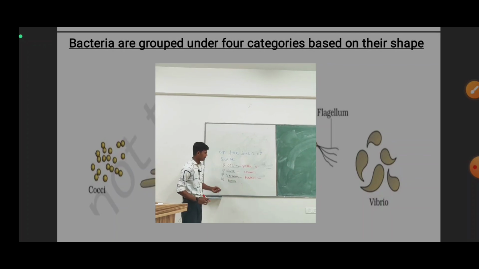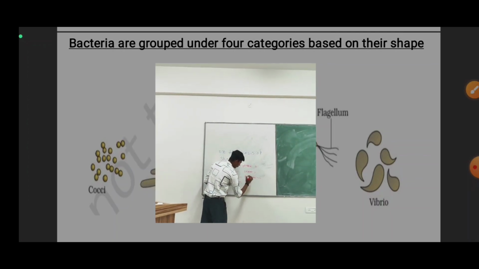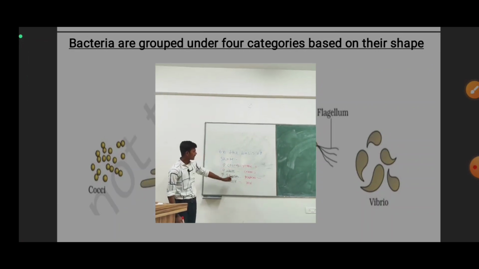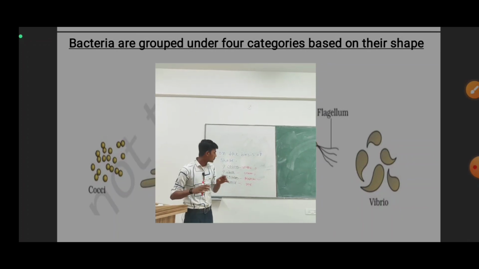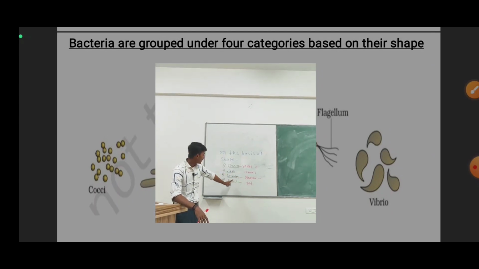Then we have bacilli. Bacilli is a rod shape. Okay, so on the basis of shape, bacteria are categorized into four groups. The first one is coccus, which is round. Second is vibrio, shaped like a comma. Then we have spirillum, shaped like a flagella. And then we have bacilli, shaped like a rod.